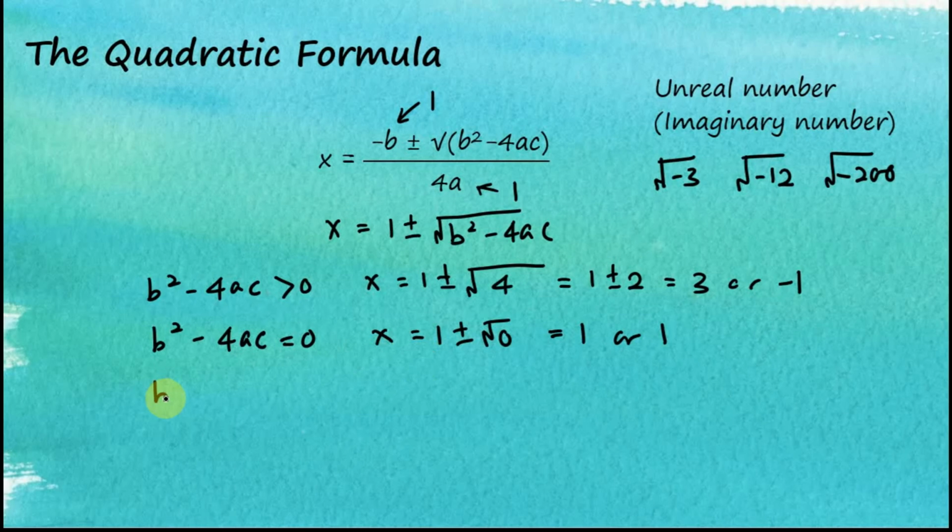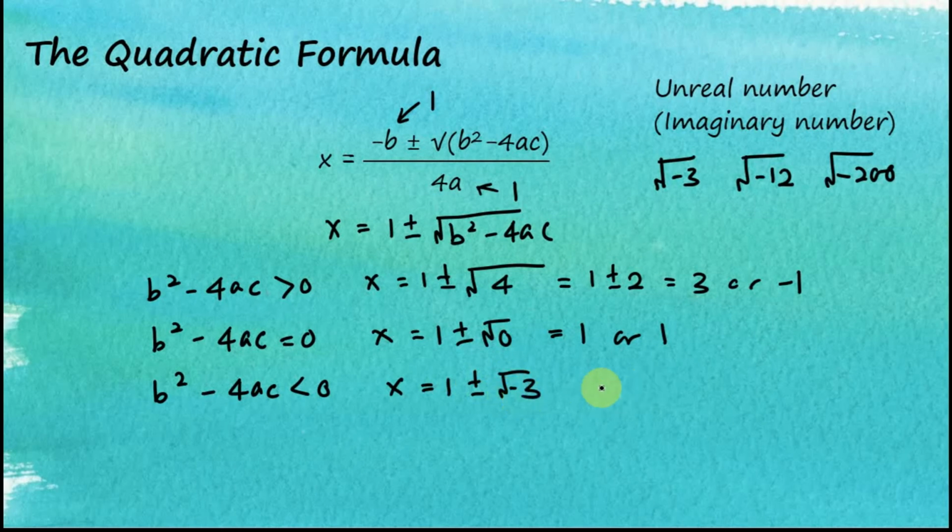How about b squared minus 4ac less than 0? So x is equal to 1 plus minus, let's take any negative number, say negative 3. Now when we have the square root of negative 3, it becomes unreal. This is an unreal or imaginary number, and we have two distinct roots, because 1 plus the square root of negative 3 gives one root, and 1 minus the square root of negative 3 gives another root.